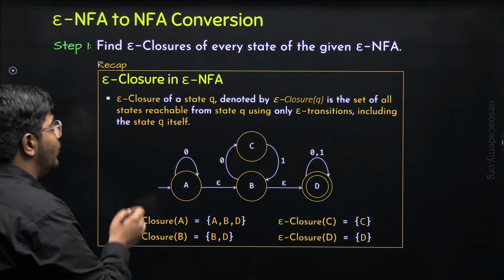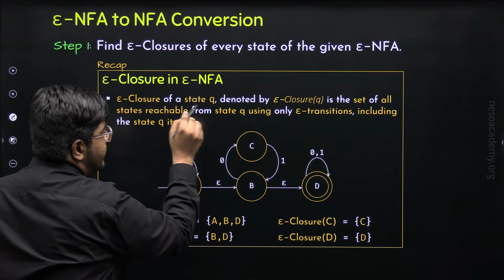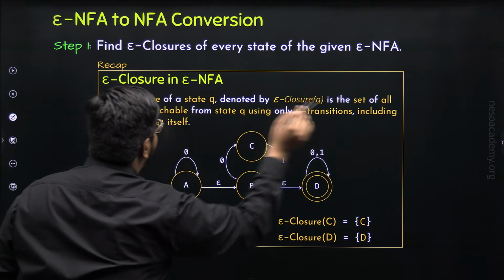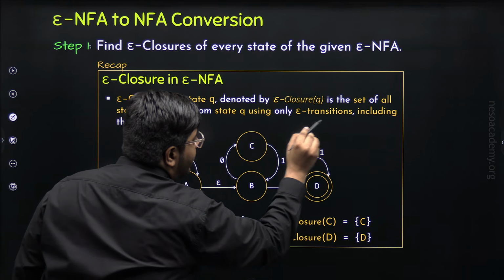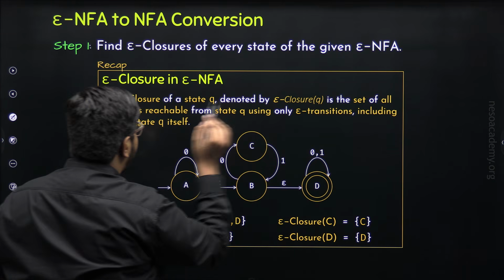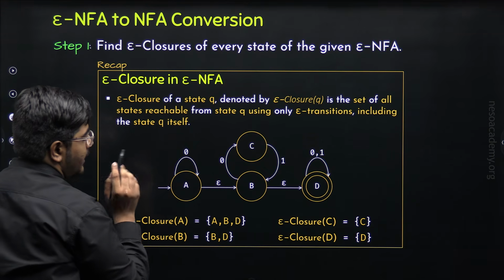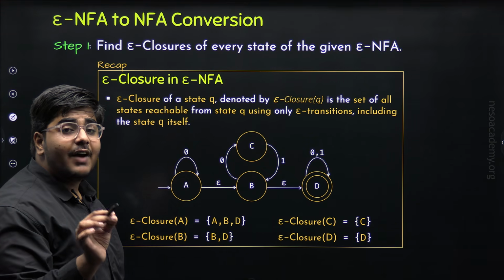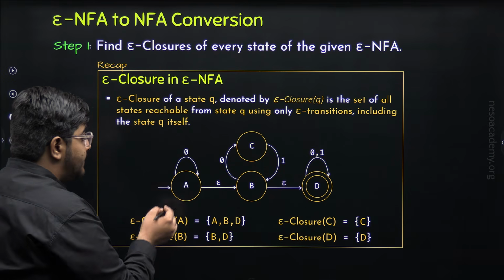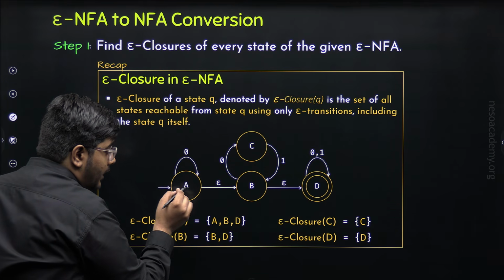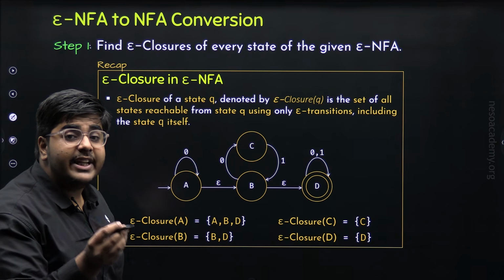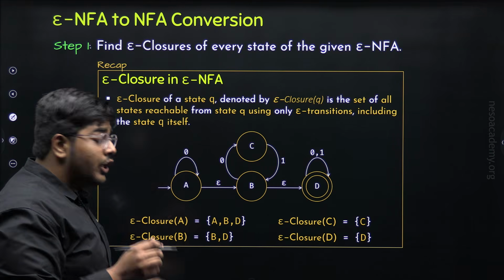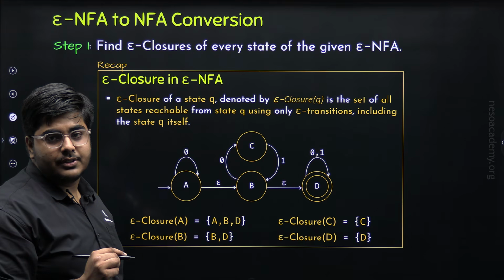I have explained that the epsilon closure of a state Q is the set of all states reachable from the state Q using only epsilon transitions, including the state Q itself. That means, if I want to calculate the epsilon closure of the state A, I need to find all the states that I can reach from the state A using only epsilon transitions.